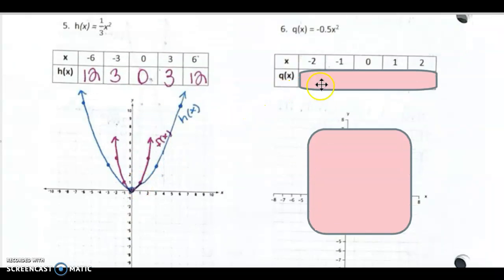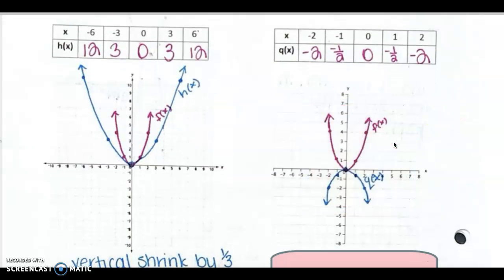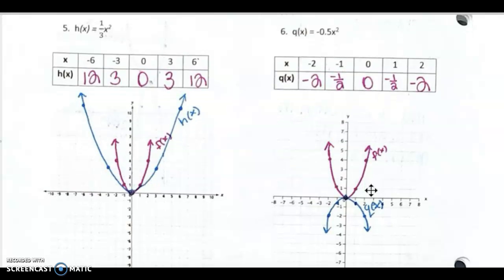Okay, number 6, your y values should be this, and your graph should look like this. So if we have f of x, here's f of x, and we flip it, it's kind of hard to tell if it's wider than f of x on this, but we can always look up here at these numbers.